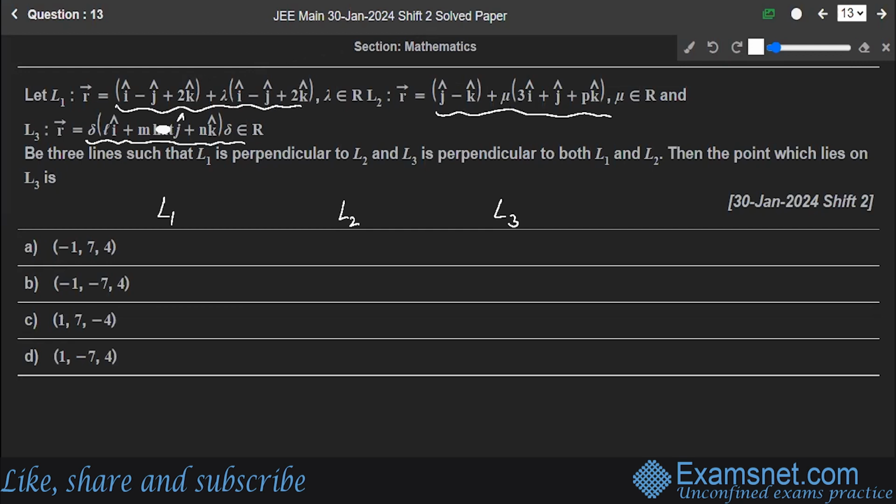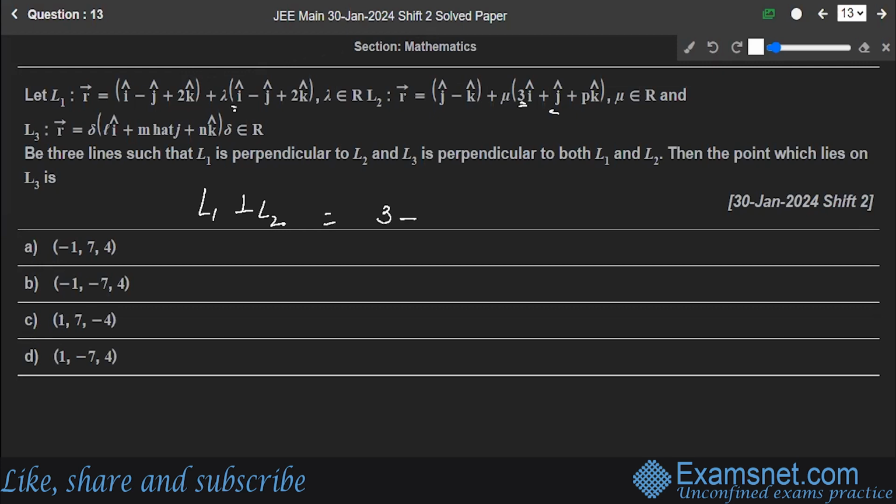All right. So you're given that L1 is perpendicular to L2. If they are perpendicular to each other, that means 3 into 1 minus 1 into 2p, plus this, is equal to 0, right?